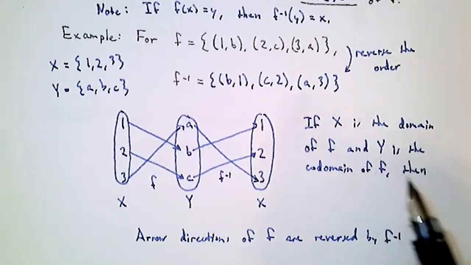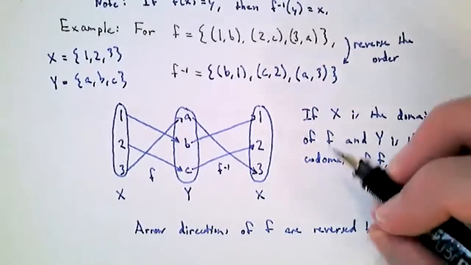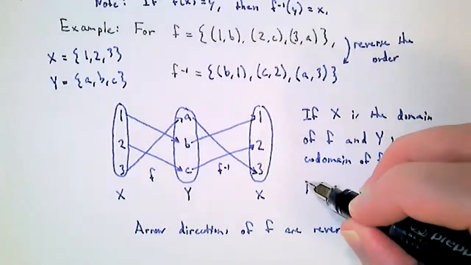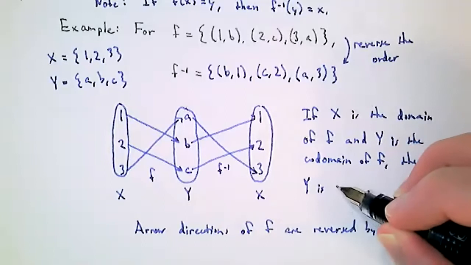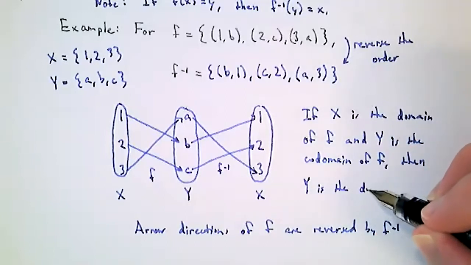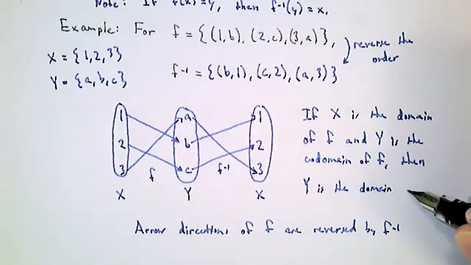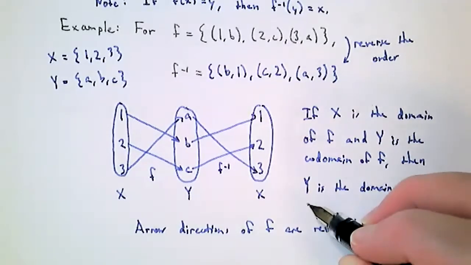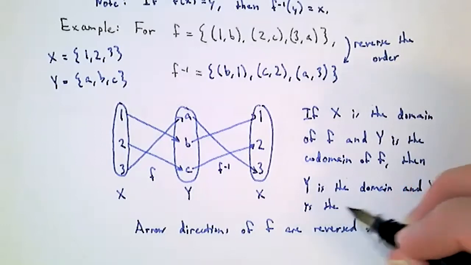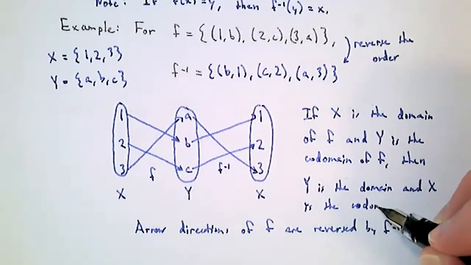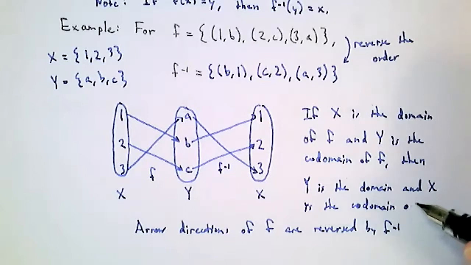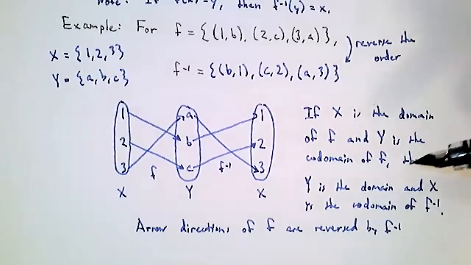We're reversing the domain and codomain. So Y is the domain of f inverse, and X is the codomain. So just something to keep in mind, this reversing. Any questions about the example?